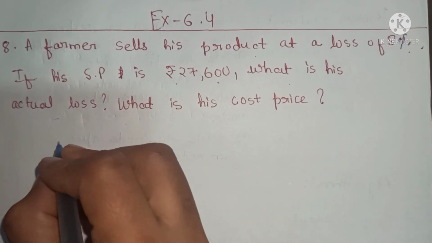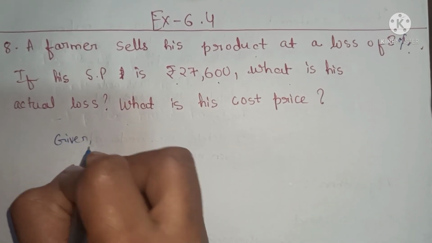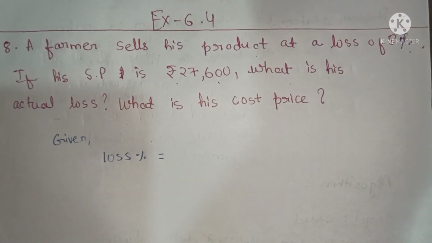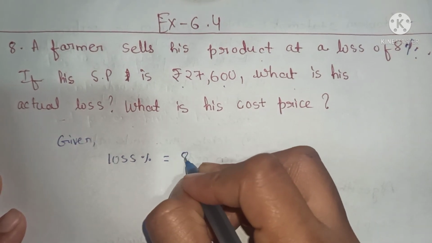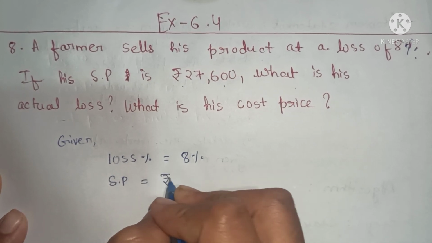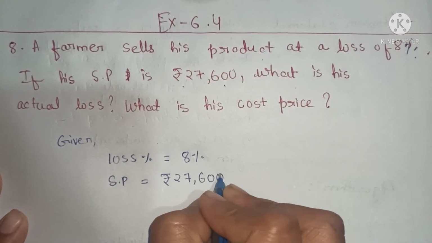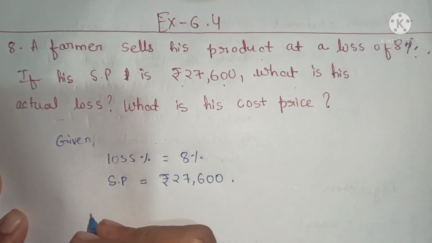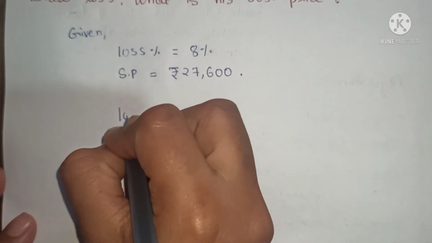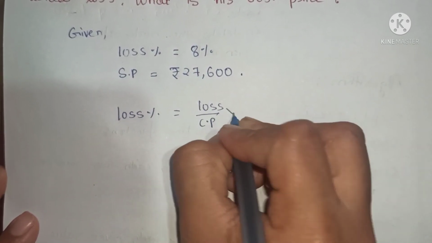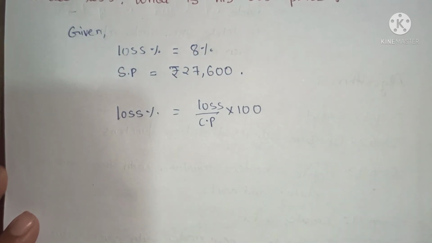So first of all we will write what is given. Loss percentage 8%, SP 27,600. Now we will write the loss percentage formula, that is loss by CP into 100, right?